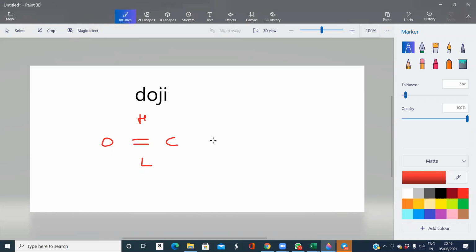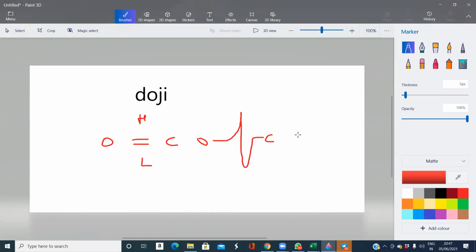Suppose the stock opens here, the bulls pull the stock on the upside. Then the bears come and pull the stock on the downside. And again the bulls make the stock go up and close it here. So here open equals close.